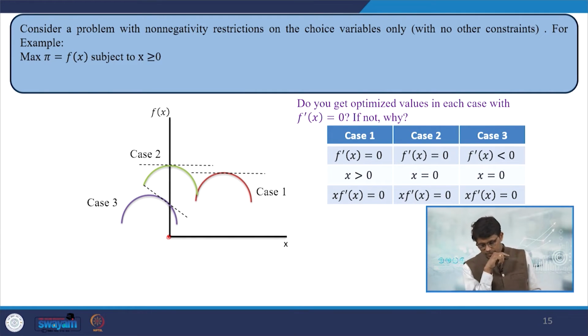So, when the first order derivative is 0, it gives a value x equal to 0, which is really not the right indicator of optimizing.